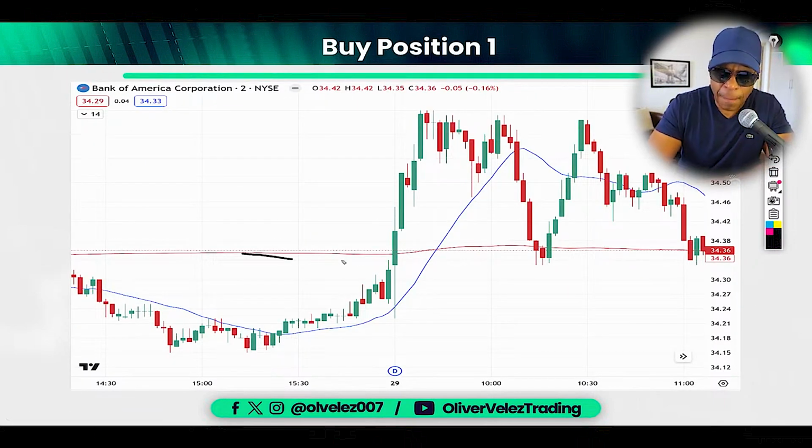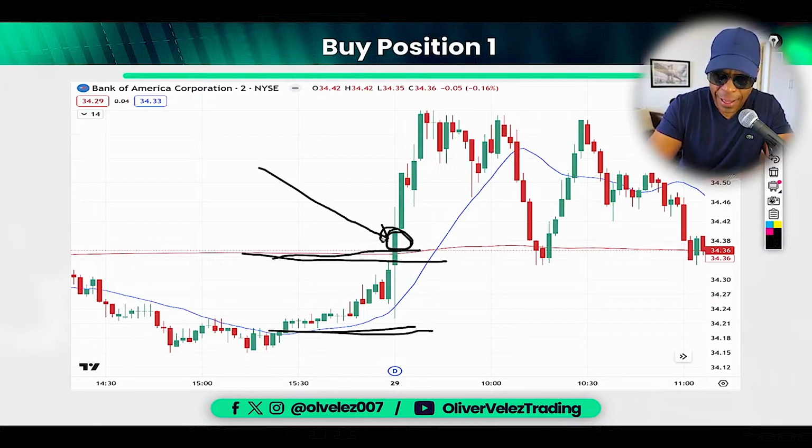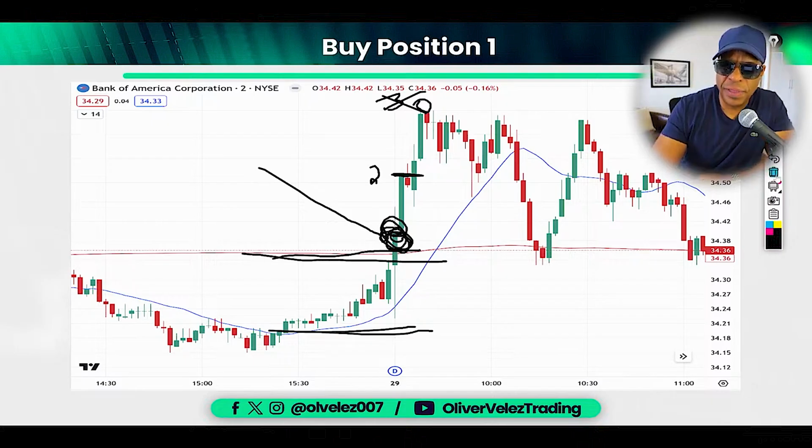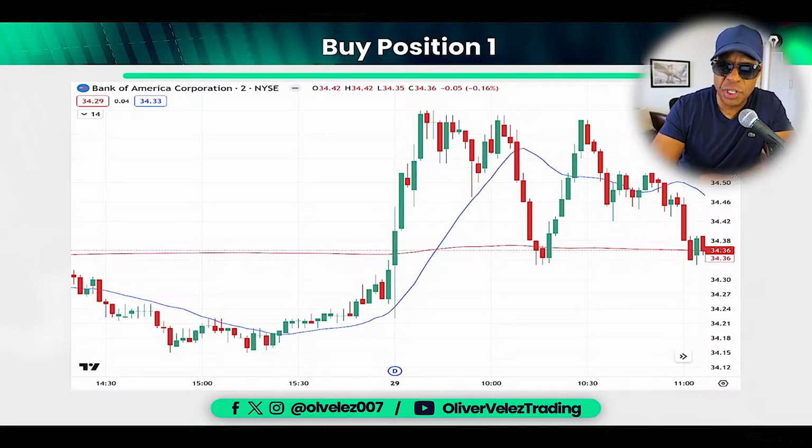Here is my state. There's my 200. There's my 20. Here is a buy in position 1. My add is in position 2. That's fine. But if the add comes here, that's position 3. That's not fine. Okay? Make sure that all of your activity is in position 1 and 2, not in 3.